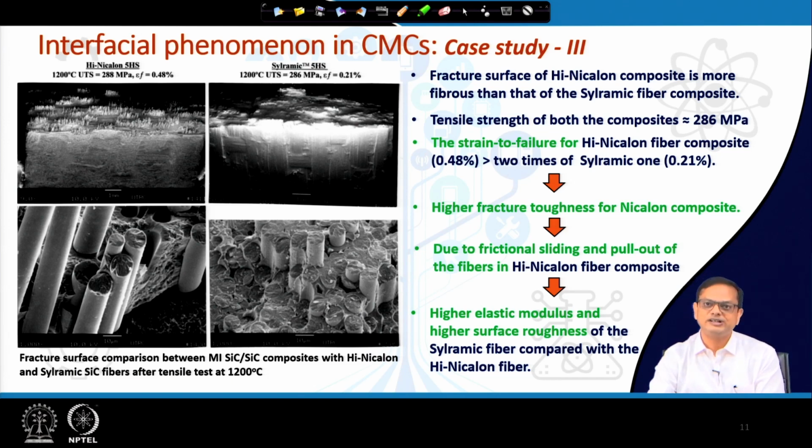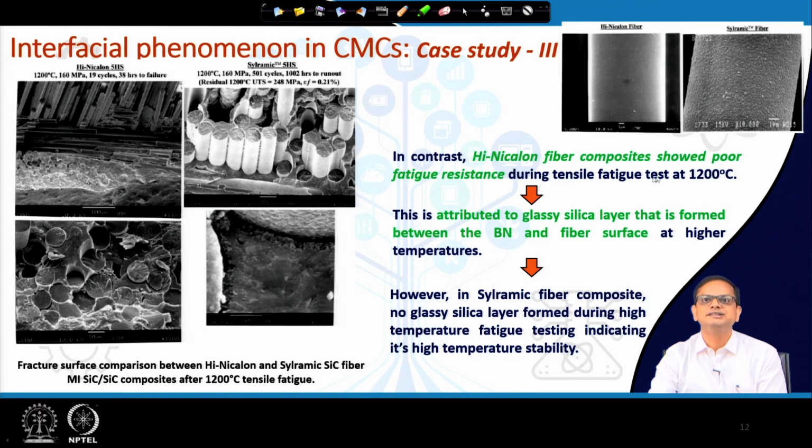However, though it shows lower fracture toughness, because of higher modulus and because of some other reason which I will explain, the high Nickelon fiber shows poor fatigue resistance. In other words, the ceramic fiber shows better fatigue resistance at higher temperature. Both have been tested here at 1200 degrees Celsius.